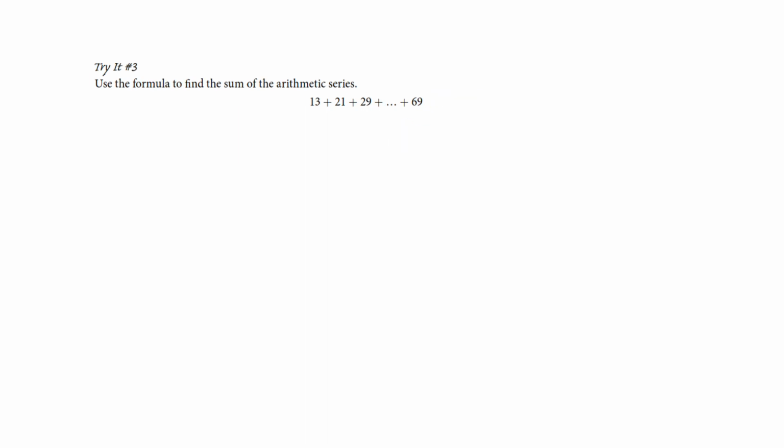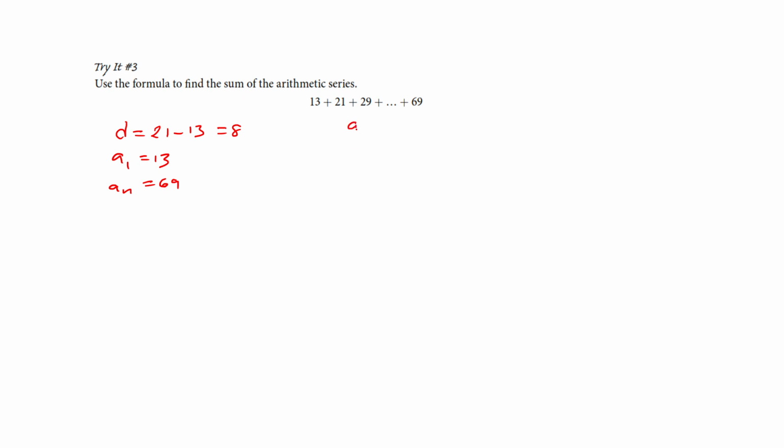Okay, let's try again, but here we don't know what value of n, what iteration this 69 is. So first of all, we're going to need to find our difference. So we're going to take 21 minus 13, get a difference of 8. So we know A1 is 13, we know An is 69, but we don't know how many iterations it's been.